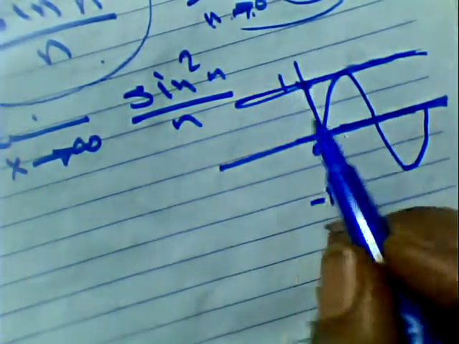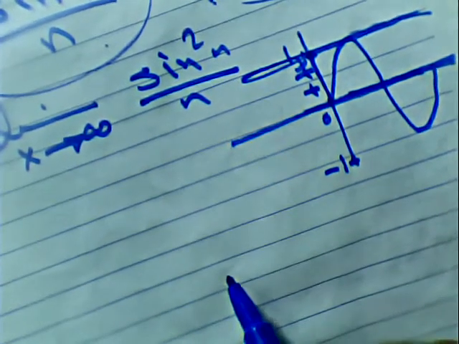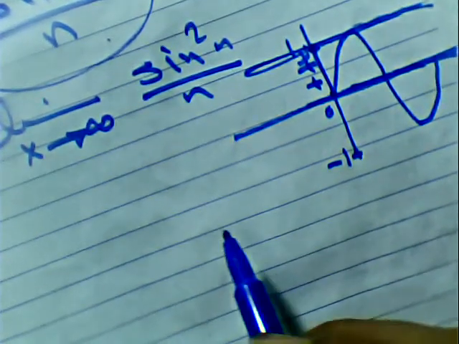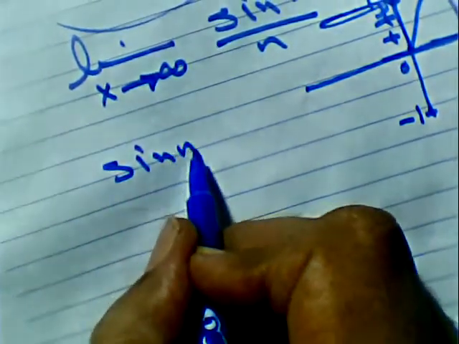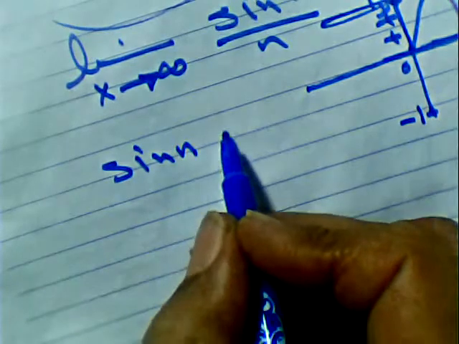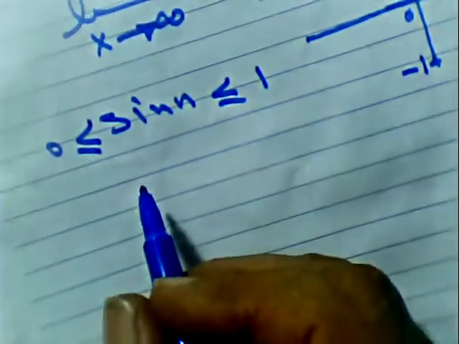Then that means sine n is less than 1 and bigger than 0.